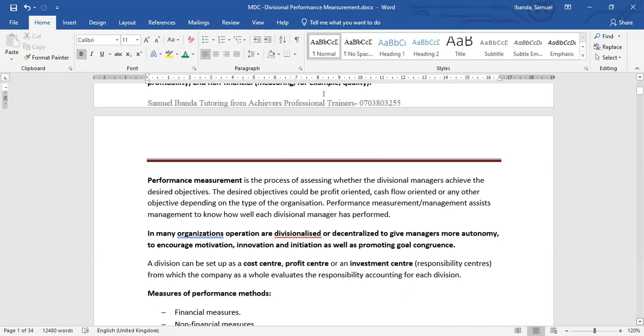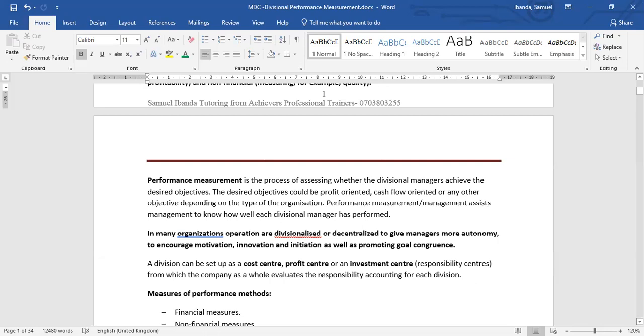Then at the end of the day, management wants to use performance measurement tools to determine which branch is performing better than the other, and which branch is meeting the KPIs, okay? So that is what happens.